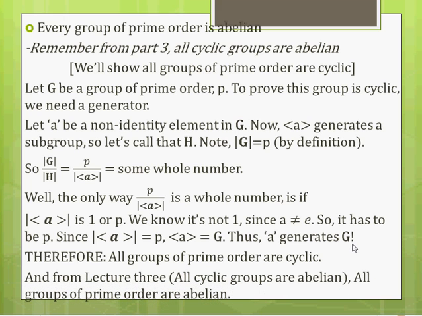And using our lecture 3, all cyclic groups are abelian. So all groups of prime order are abelian, pulling from all of it now. So that was a true or false question.